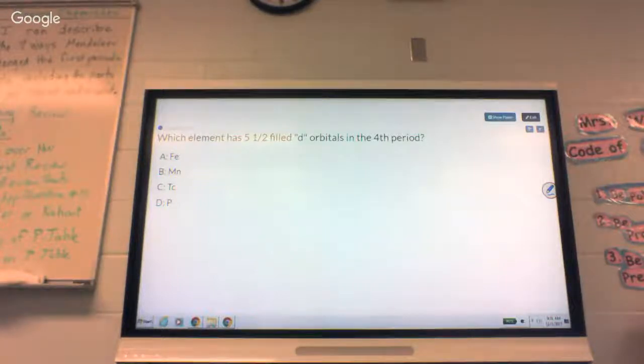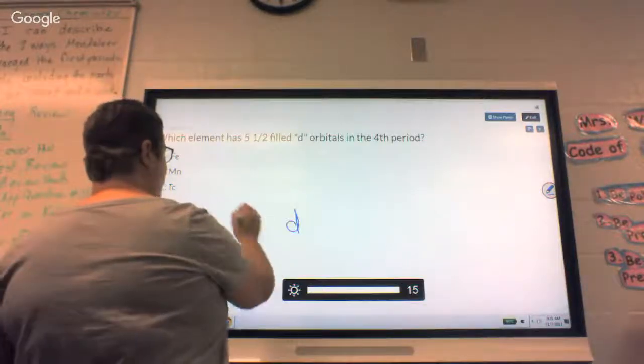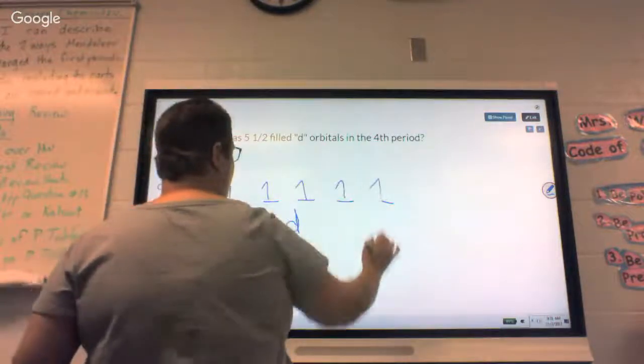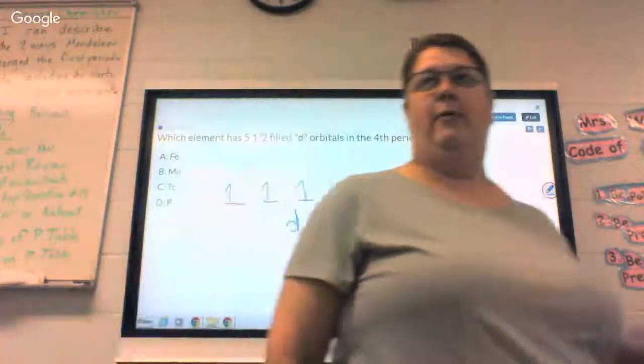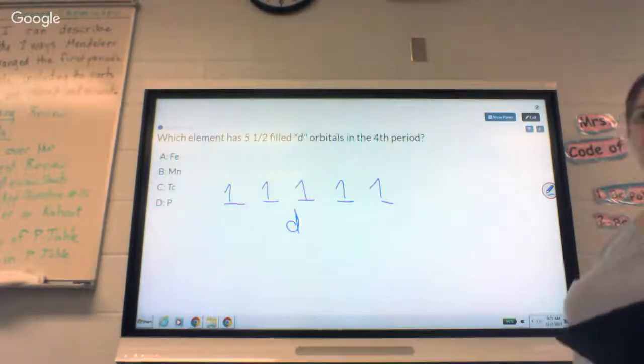Because it'd be 5 arrows, so just 1, 2, 3, 4, 5. It would not be 5 and then another half. That would be the 5.5. Half-filled arrow. That's what it means.